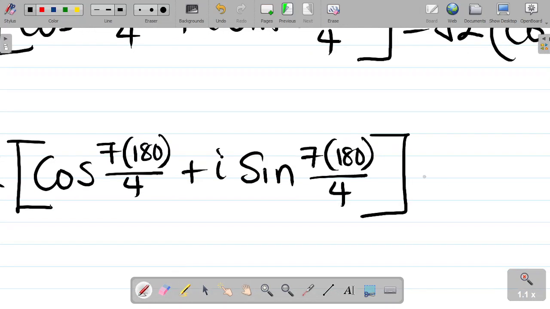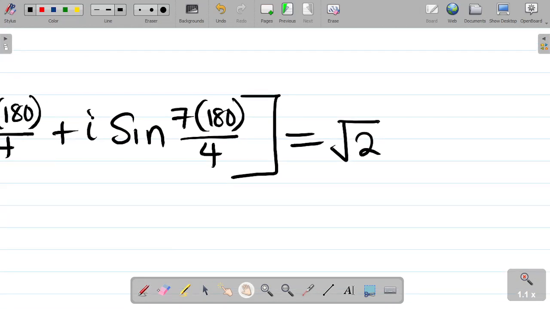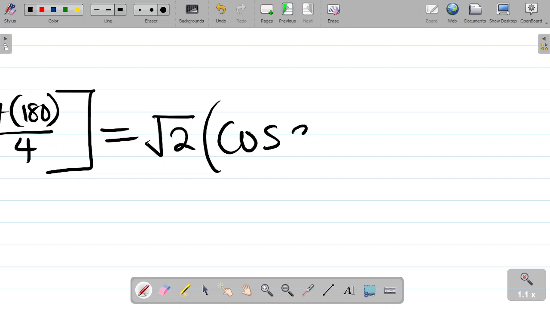Close this up, and that's equal to, we still have root 2 into cos. So I'll just get my calculator and punch 7 times 180, and that's about 1260 divided by 4. What you have there is 315. So I have cos 315 plus I sine, the same thing there.